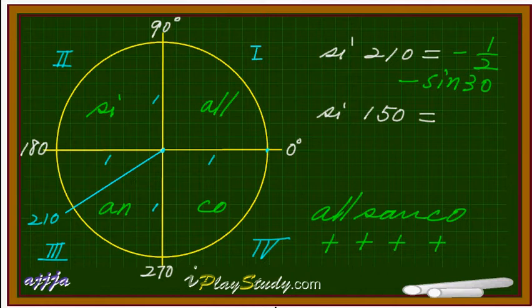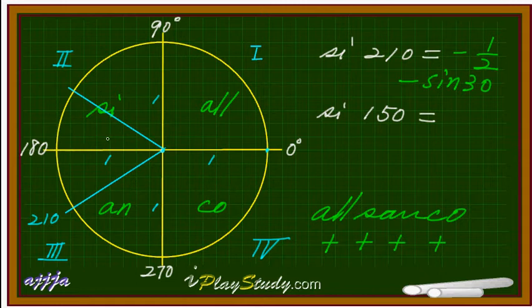Whew, I hope you understand this. Now the next one right here. What about 150? Let me show you what 150 looks like. That's 30, 60, 90, 120, 150, somewhere right here. That is the second quadrant.